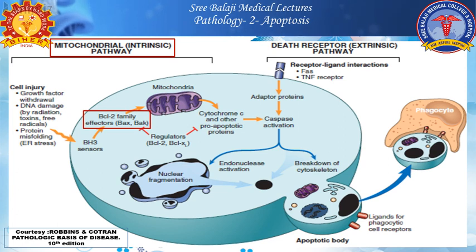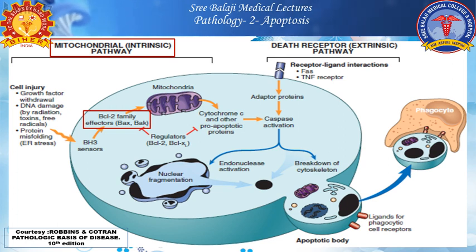In that BCL2 family, some are pro-apoptotic. When those proteins are activated, they will cause apoptosis. Some are apoptosis inhibitors. So what are the pro-apoptotic BCL group proteins? BAX and BAK. Anti-apoptotic proteins are BCL2 and BCL-XL.